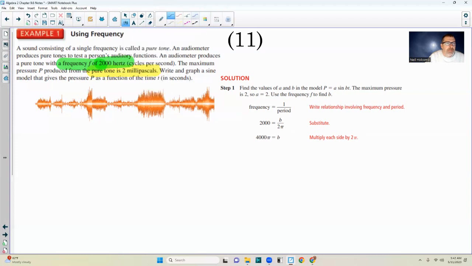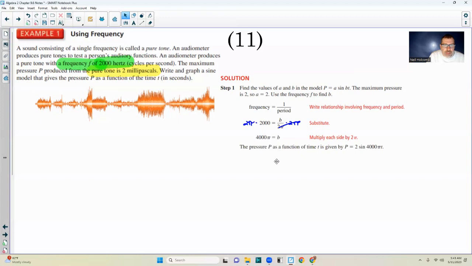They just aren't showing that, but by now we should be able to see that quickly. So what they did was they took 2 pi and multiplied both sides by 2 pi. These 2 pi's cancel. 2 pi times 2000 is 4000 pi equals B. Now the pressure P as a function of time is given by P equals 2 sine 4000 pi t.